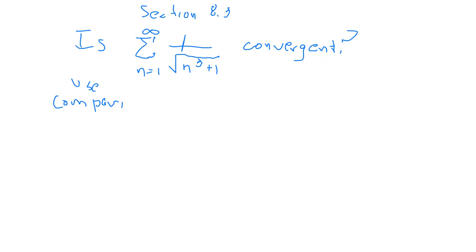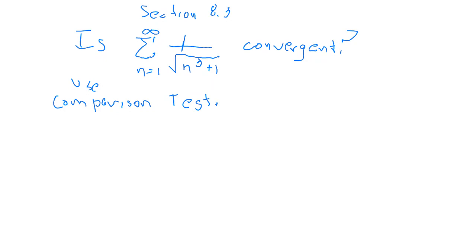So you have the comparison test, the limit comparison test, and the integral test. Generally, I try to use the comparison test first. At least I consider it first. Sometimes it won't work well, depending on your series.